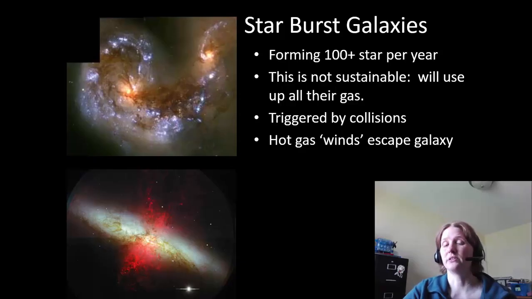The Milky Way does 1 star a year on average. These galaxies can do 100 stars per year. So a starburst galaxy can use up all of their gas and dust and then run out. So when the interaction is done with this galaxy, there's really no way for it to form a disk again. It has used up its gas and dust. Right now it's all locked in stars.